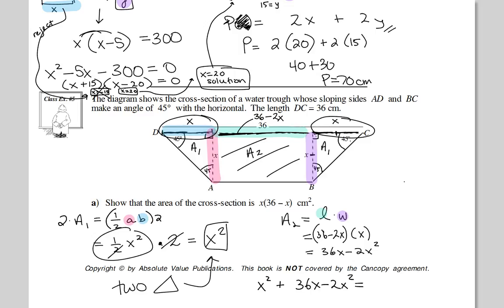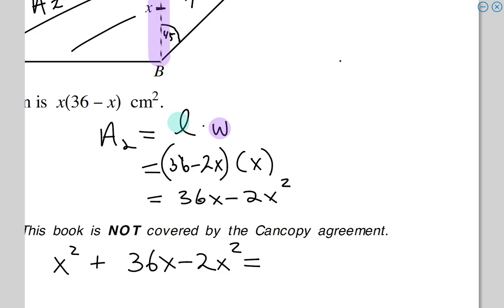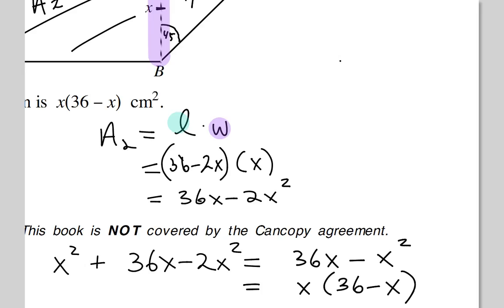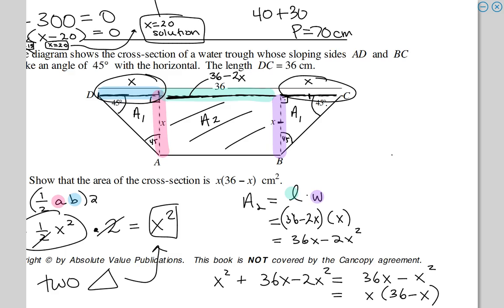And what does this become? We're just adding all the areas up. 1x and minus 2x makes 36x minus x squared. Factor out x, and you get x times 36 minus x. So did we do what they wanted? Show that this is this. Okay, we've done that.